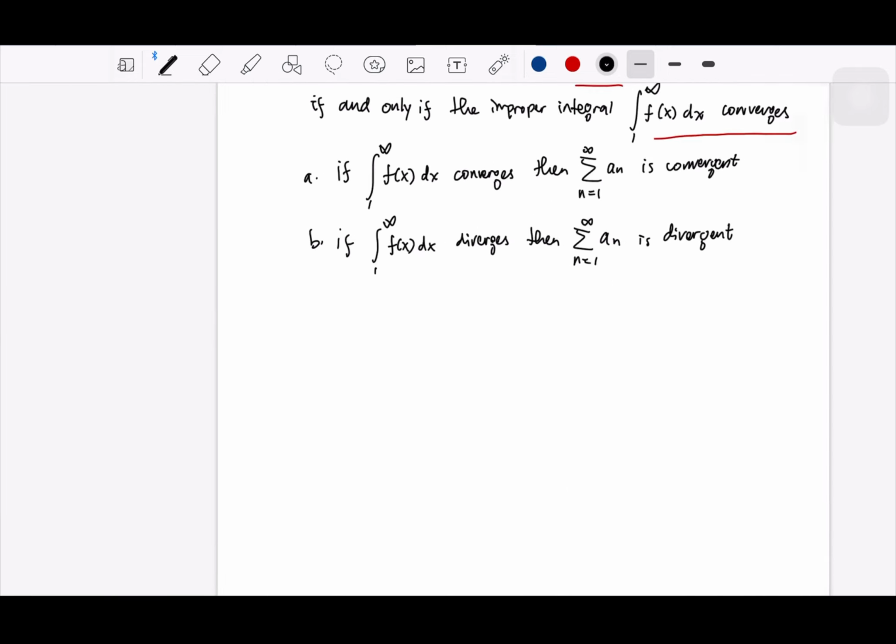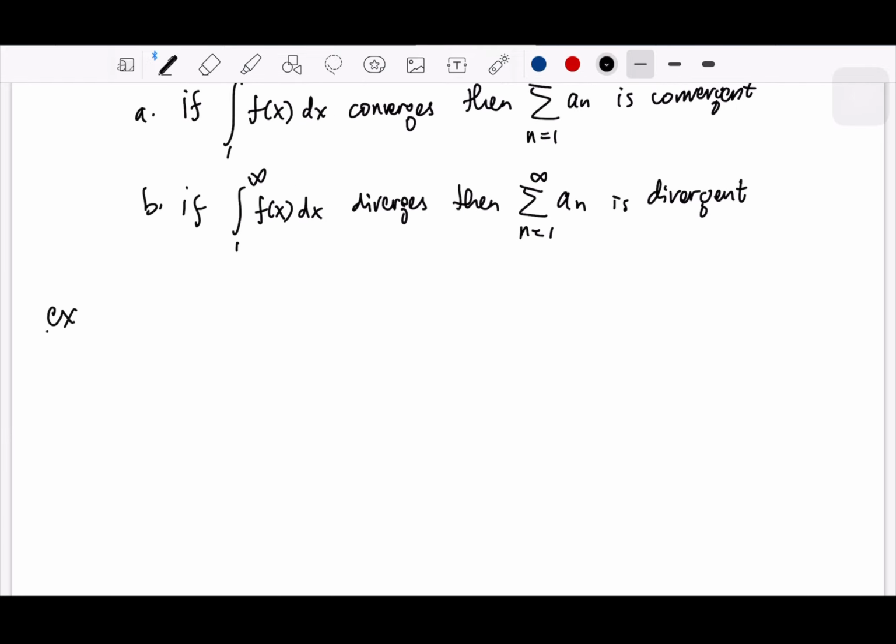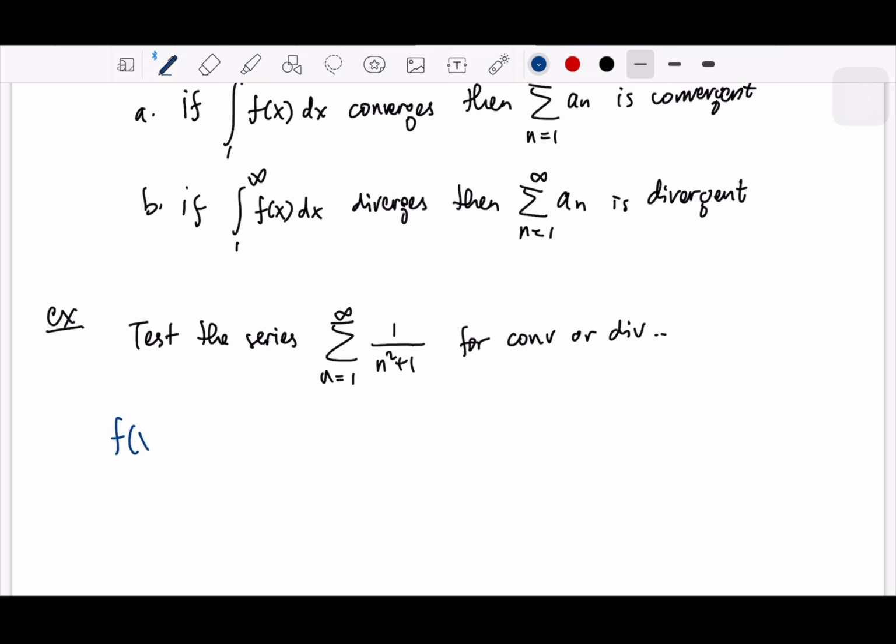Okay, now as an example, test the series for convergence or divergence. Firstly, we need to check the function. Let's write it in terms of x.